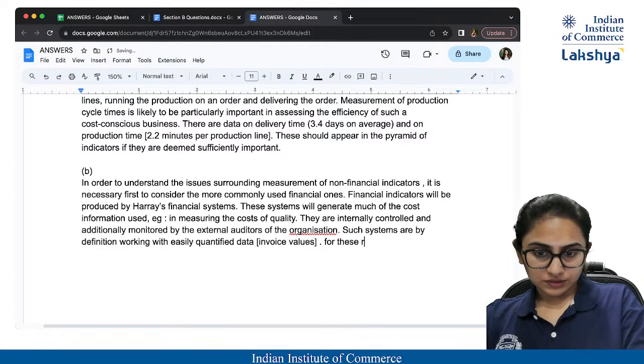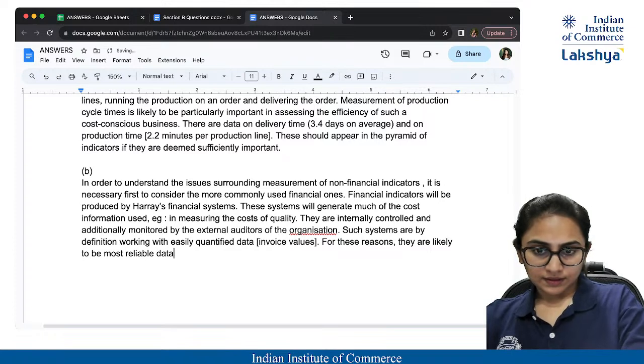For these reasons they are likely to be the most reliable data available.